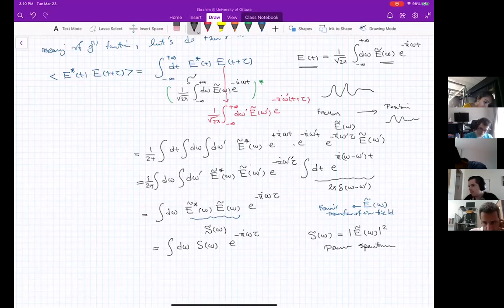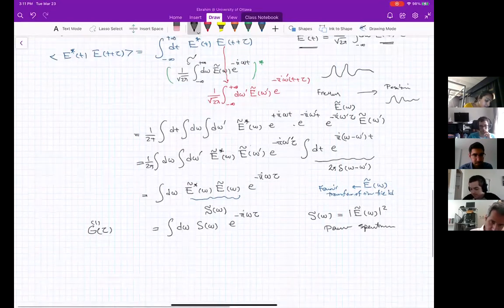What is this quantity that I did the calculation for? It is G1 of tau. If you assume that the field is normalized, already the intensity is normalized to 1. So usually what we do is we normalize the intensity as well.